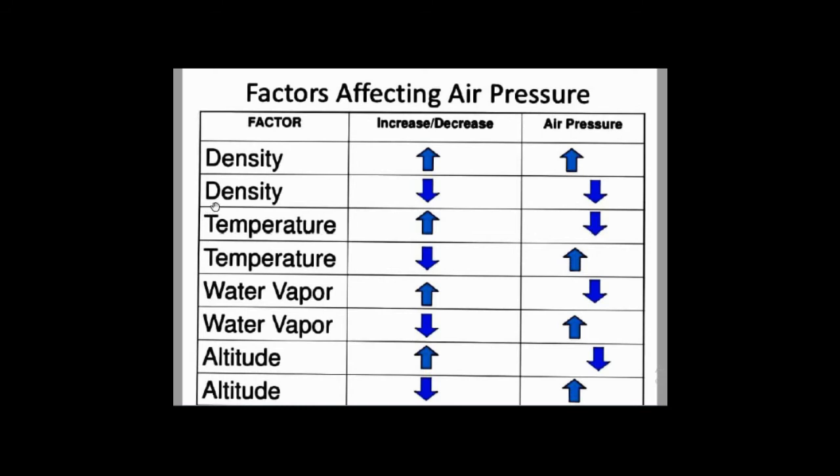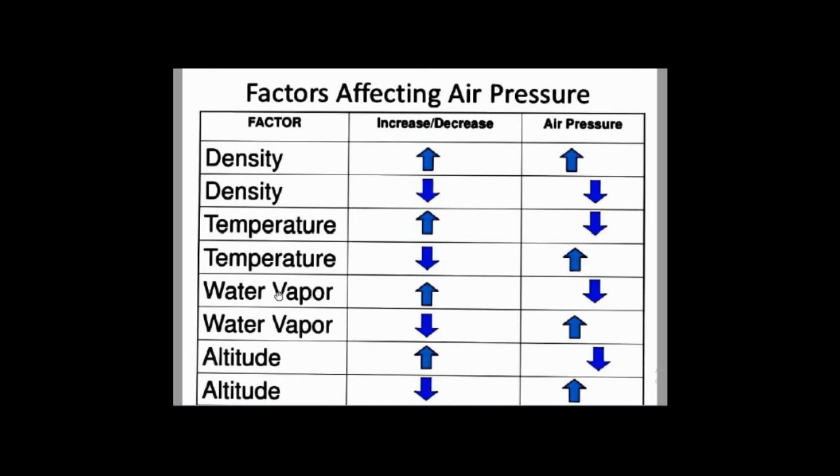If the density of the air decreases, then air pressure also will decrease. Now next comes temperature. If temperature increases, then air pressure decreases, and if temperature decreases, then air pressure will increase.